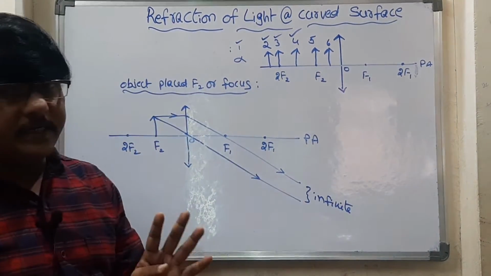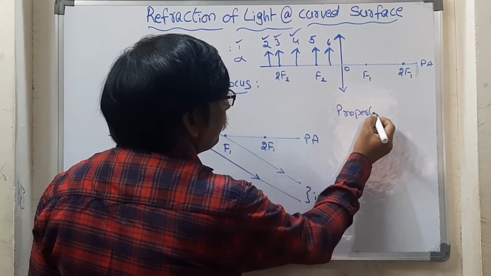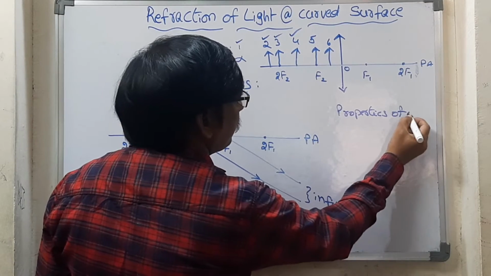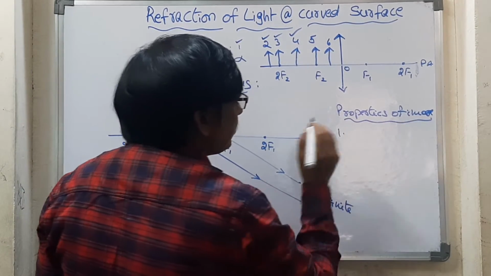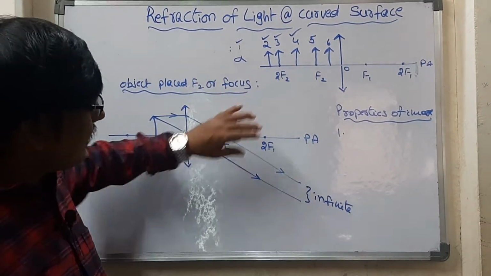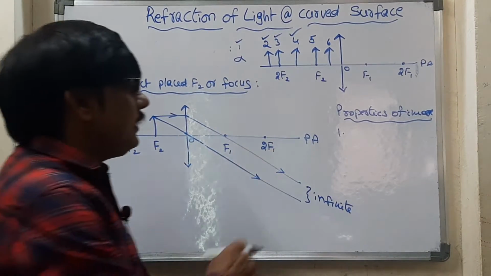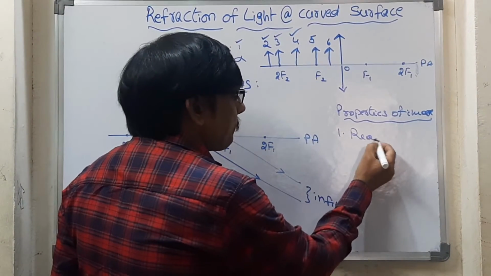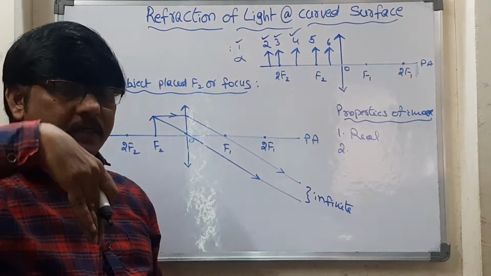Okay, and now let us see the properties of the image. What are the properties of the image? First one is, that is a real image. How can we say that is a real image? Two rays are traveling below the principal axis. So that is a real image. Second one, is it an upright image or an inverted image?